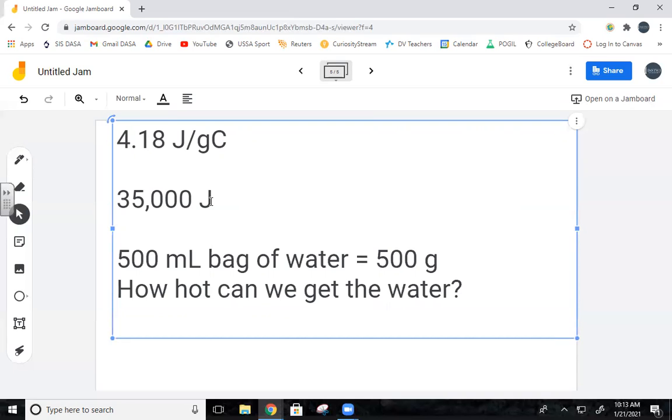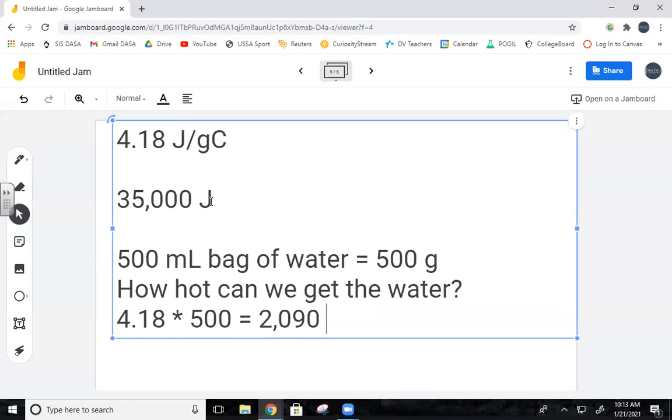Oh, Franklin's onto something. So if we take our specific heat, 4.18, and we multiply it by 500, so 500 times 4.18 gives us 2,090.